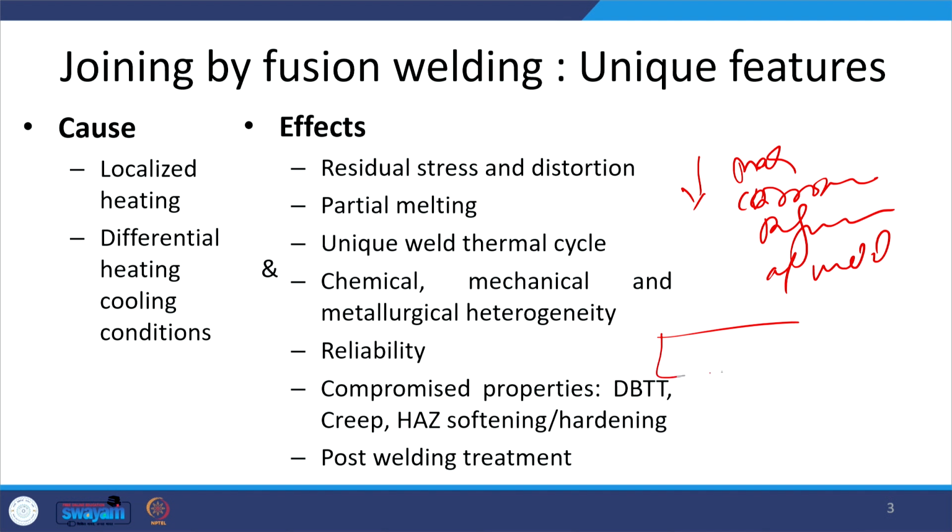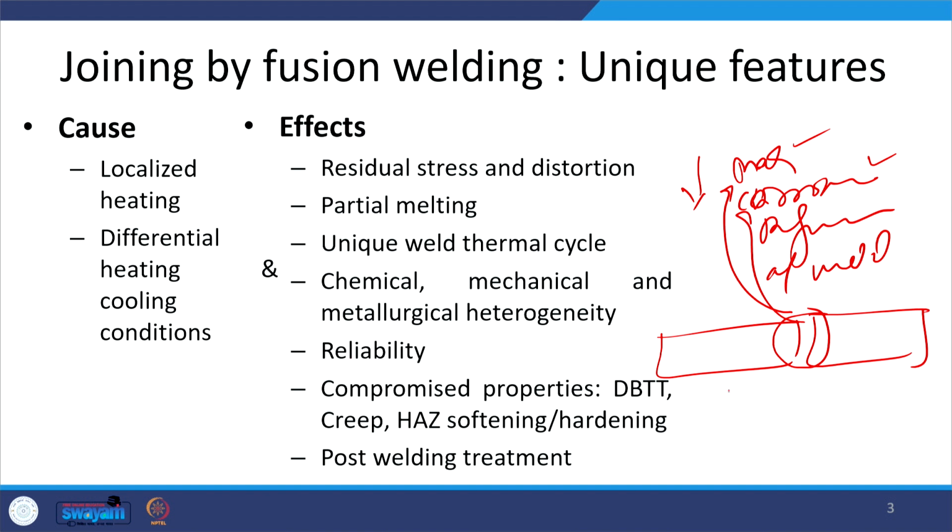Say your base metal will show one set of mechanical properties and corrosion resistance, but when we produce a weld joint of the same metal, the performance of the weld joint with regard to mechanical and corrosion performance is very badly compromised.